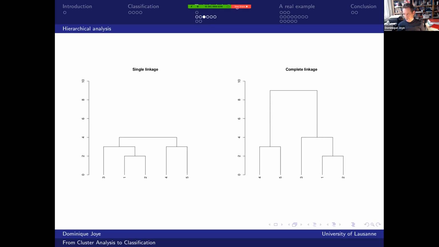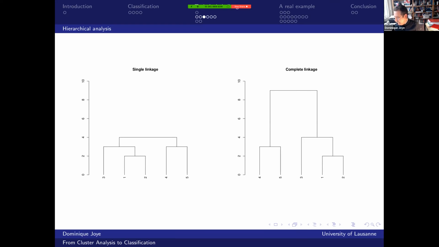But you are not doing the best classification at a given level. And that's really a problem.